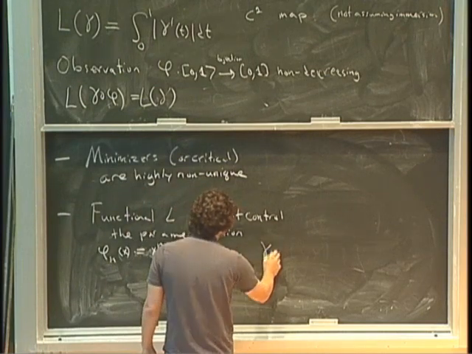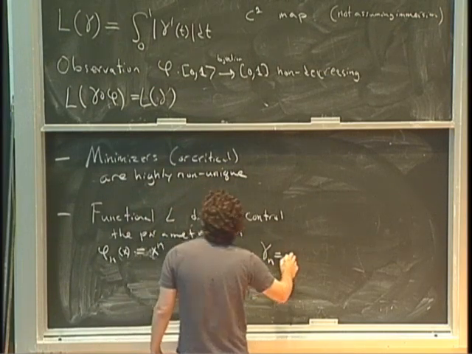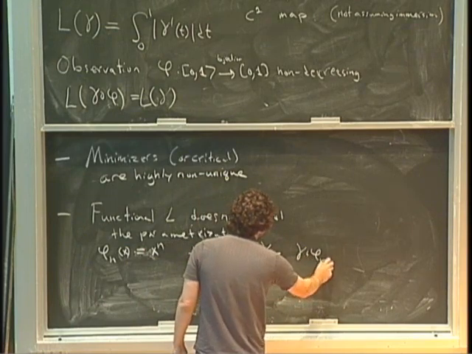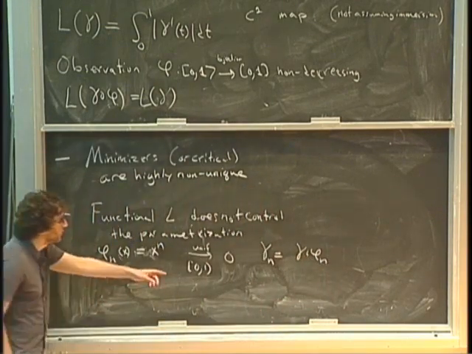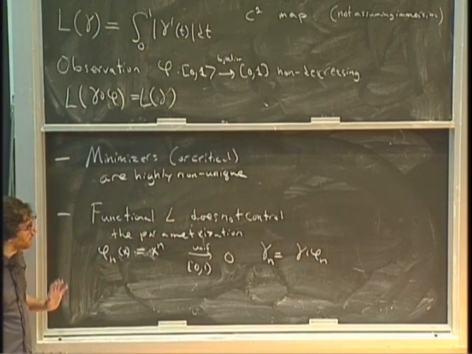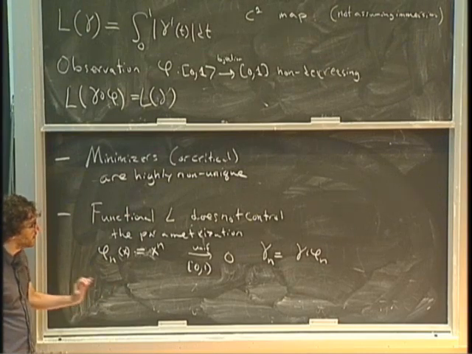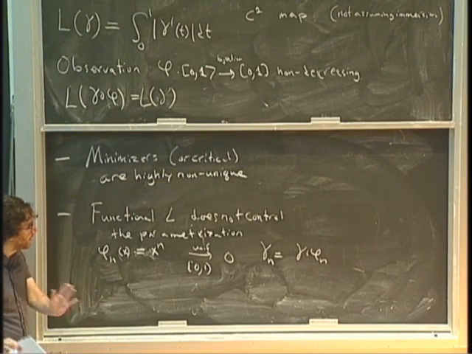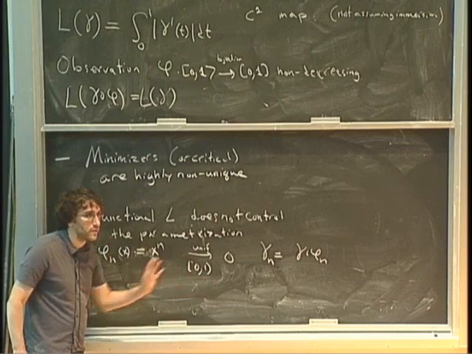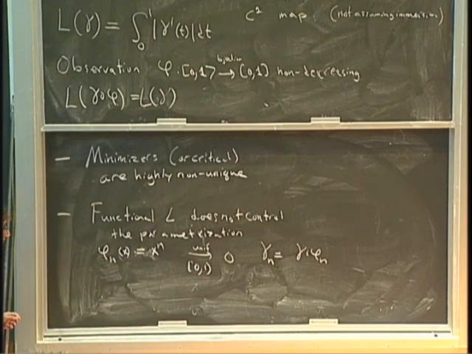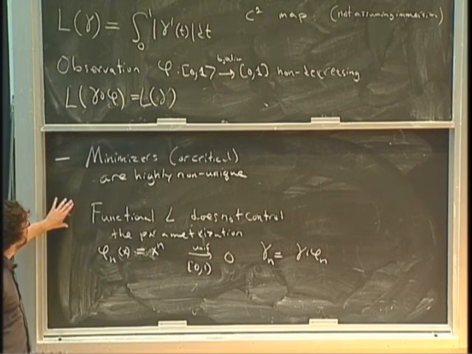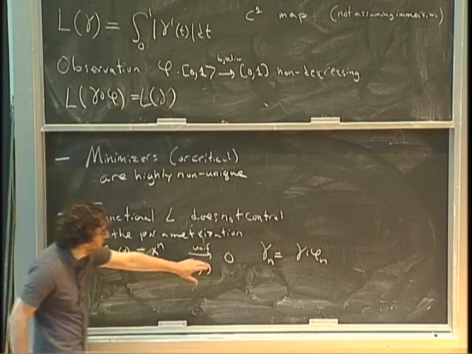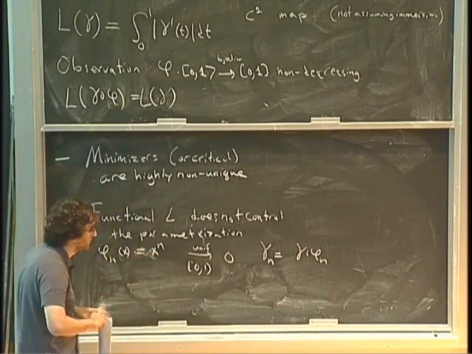So if you look at gamma_n, which is gamma composed with phi_n, essentially, in the limit, this converges to a constant curve at the point. So everything that's interesting is getting shoved towards 1, which you don't see in the limit. So this means that trying to get any kind of control on the parameterization in terms of L is hopeless.